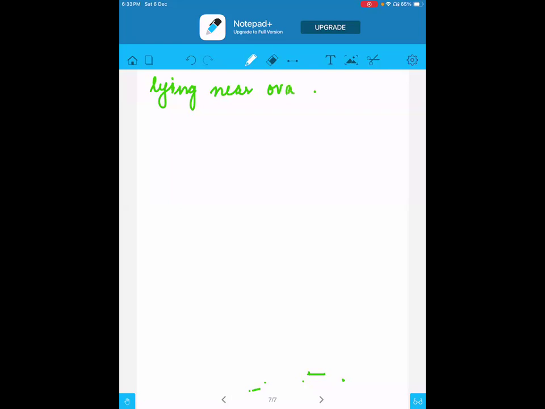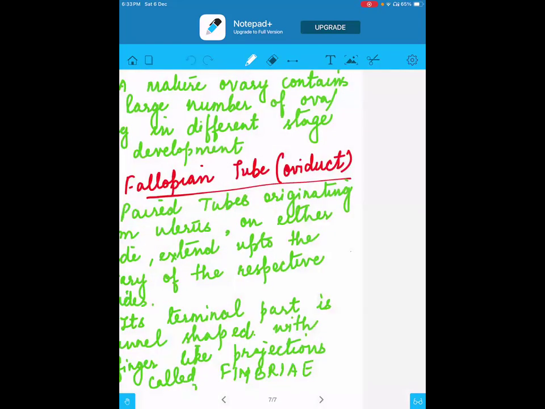What do they do? Basically, they help the ovum to be released from the ovary into the fallopian tube.